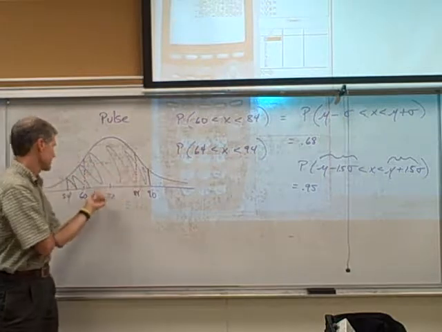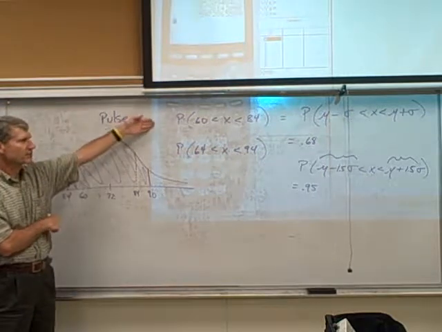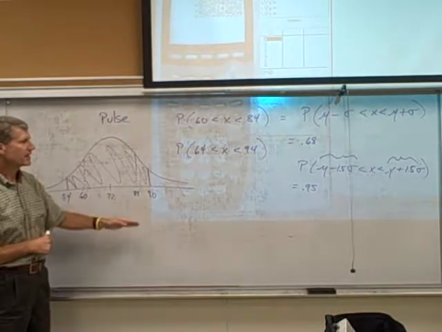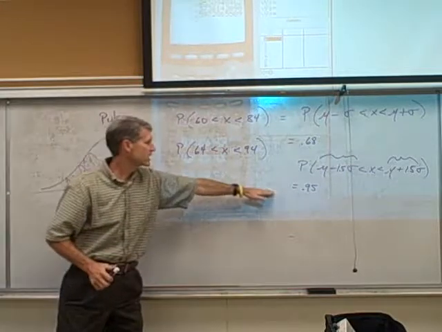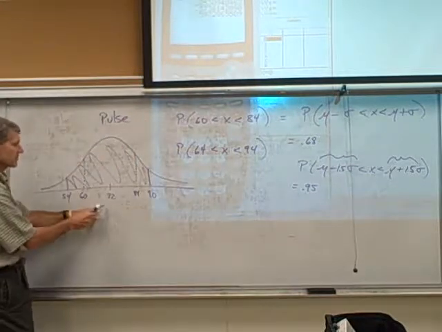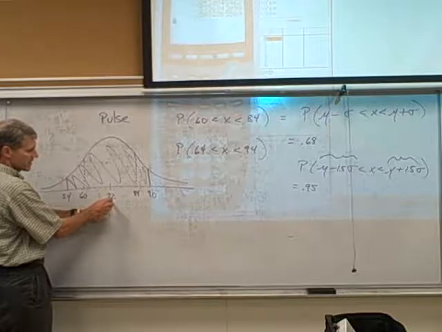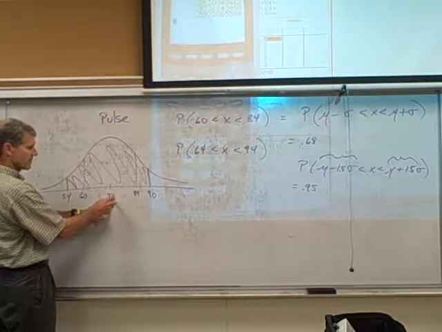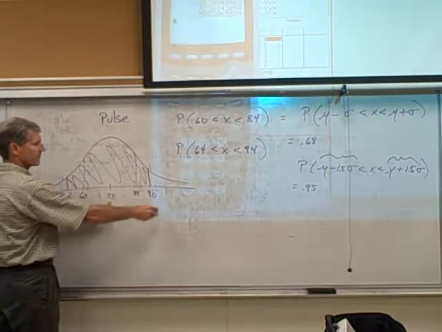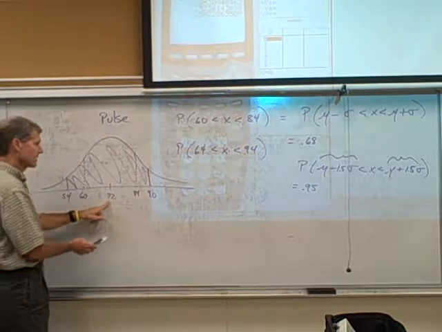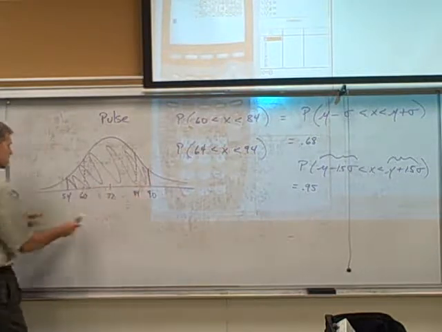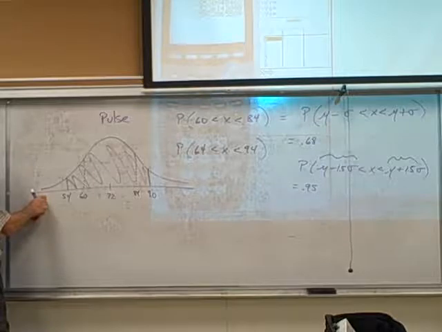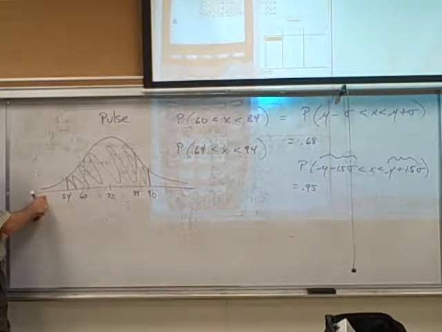If I had given you 60 to 84, we know the answer is 0.68. If I had given you 2 standard deviations, which would take me to 72 plus 24 would be 96. So 96 down to 48, then we know it would be 95%.